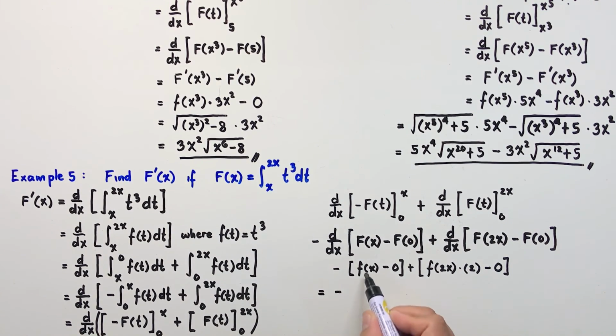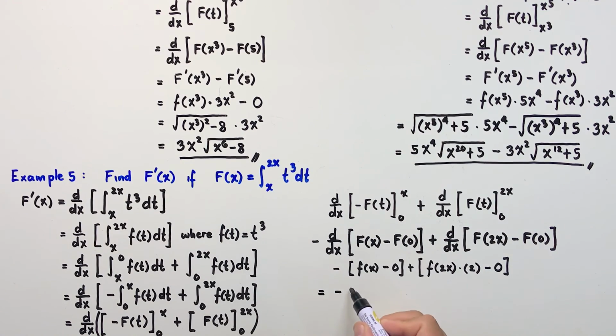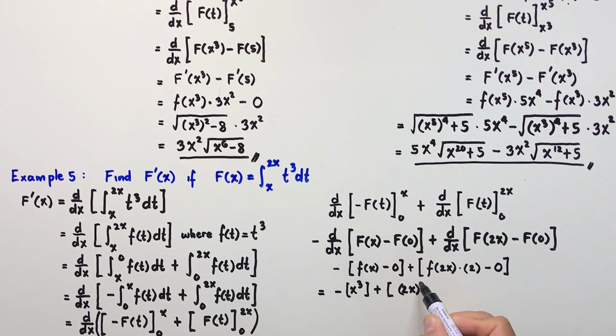So we have our answer as the negative of our f of x, and our f is t cubed. So this is x cubed here, plus this 2x, this is 2x quantity cubed, because our small f is t cubed. But this is multiplied by its derivative of 2x, which is 2.